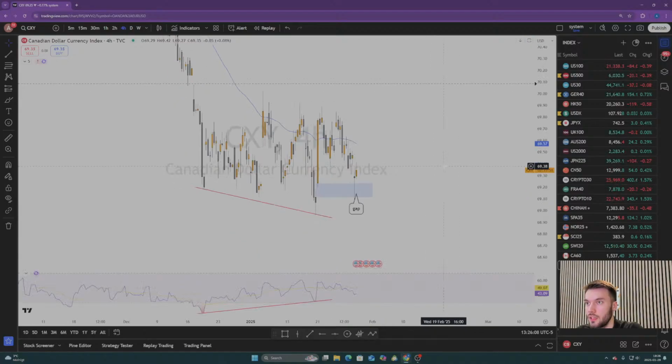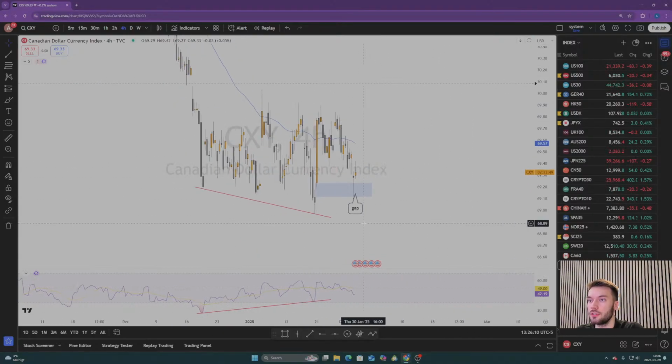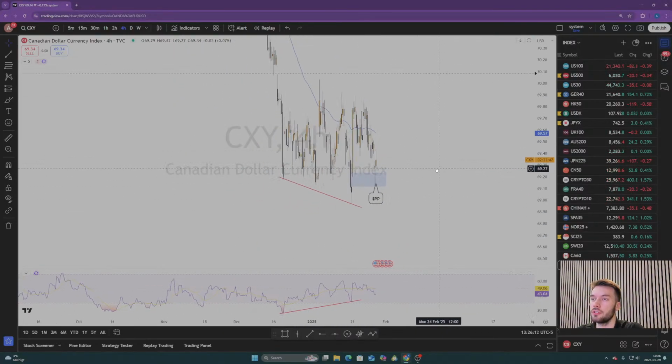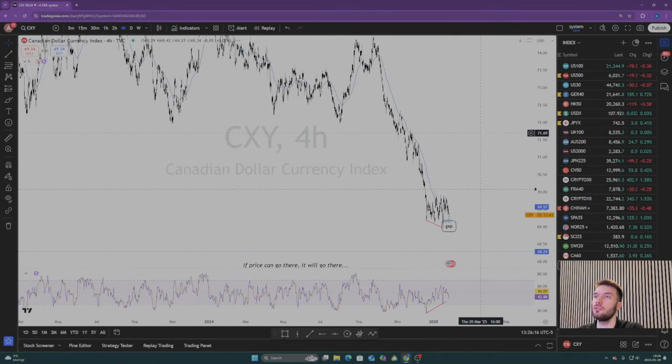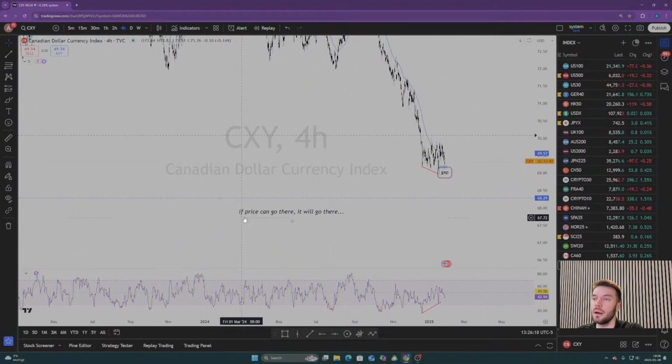What we see here is bullish divergence. Bullish divergence on the RSI, price at huge discounts. But there is one saying that is scaring me right now, and that is, if price can go there, it will go there. Okay?